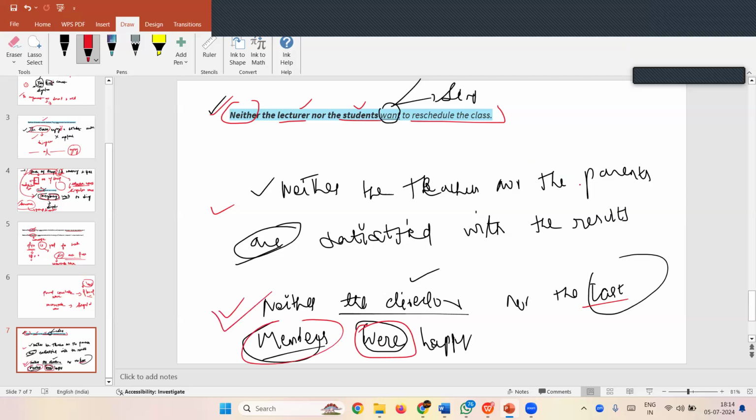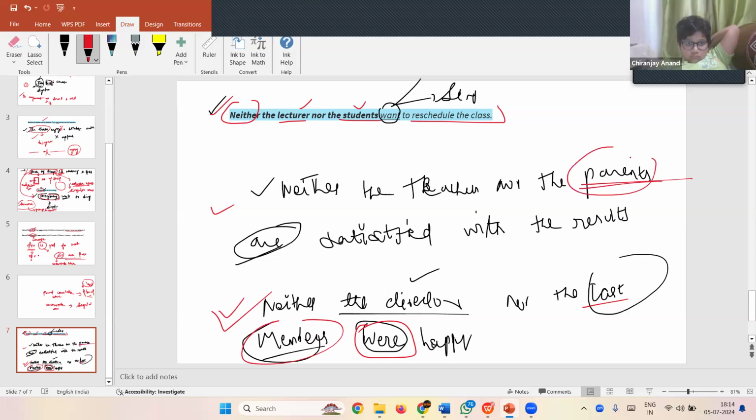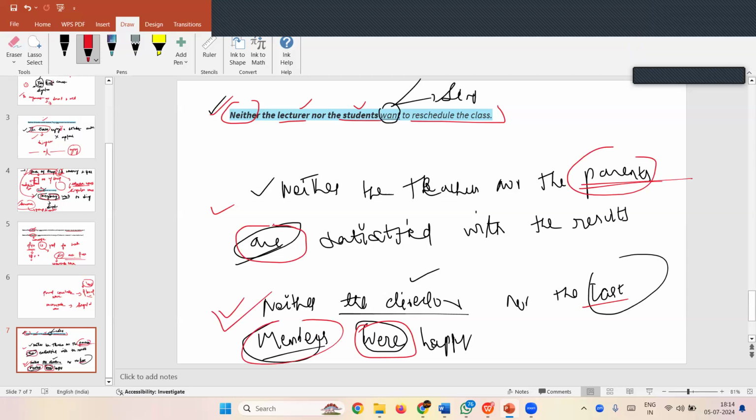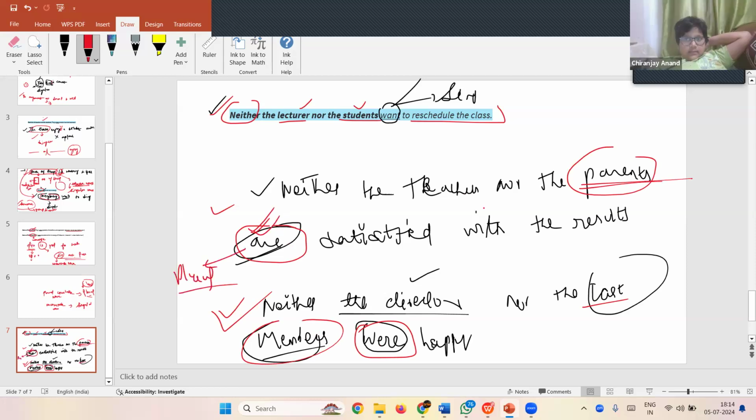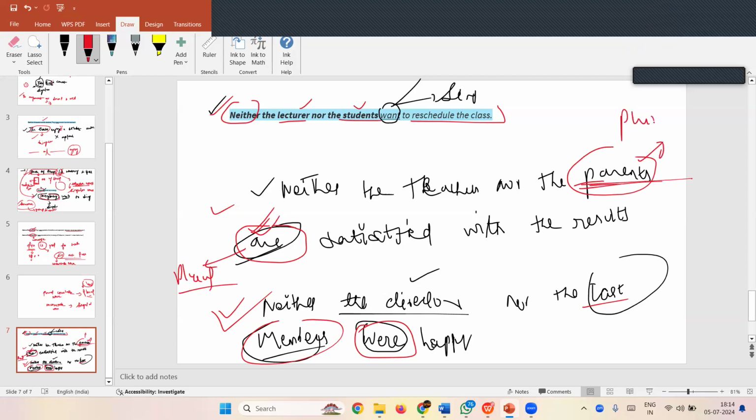But here, parents are plural. It is are, sorry. Here also it is are. This is also right, no? Are is plural only, correct? Yes, ma'am. Parents means plural. It's a plural noun. So are is a plural verb, so it is agreeing, correct.